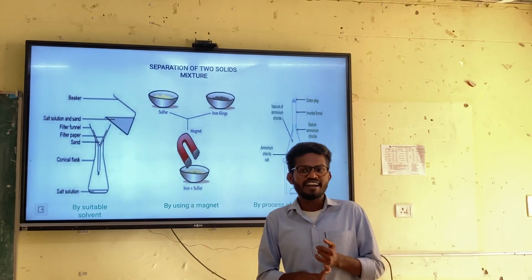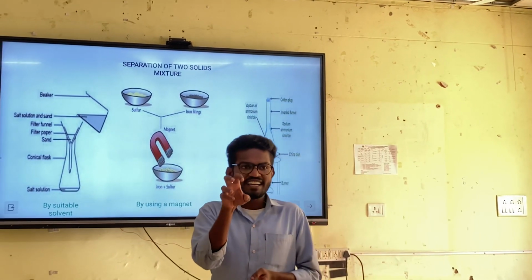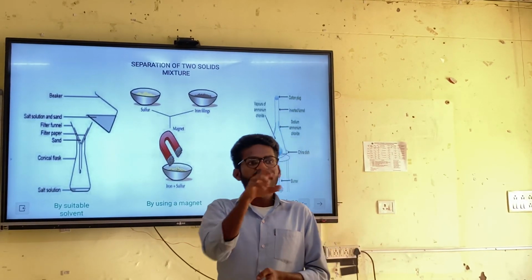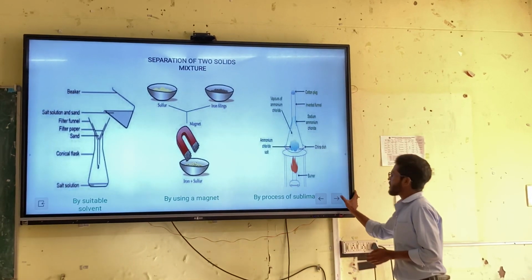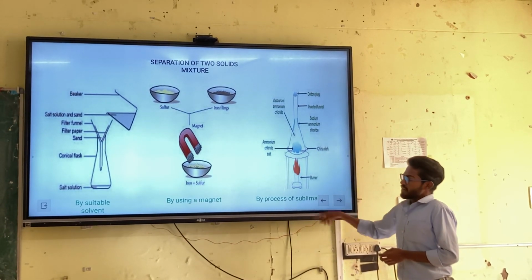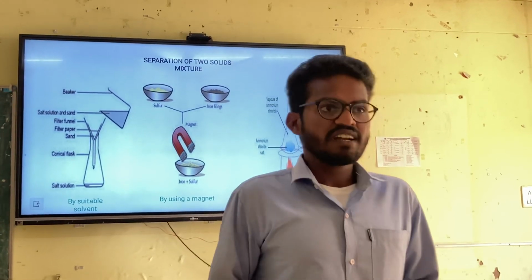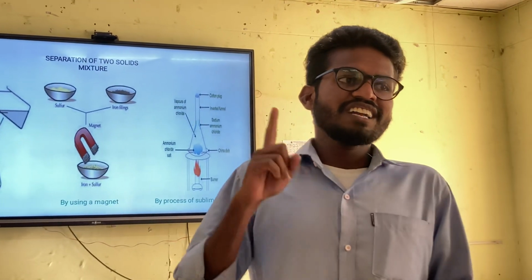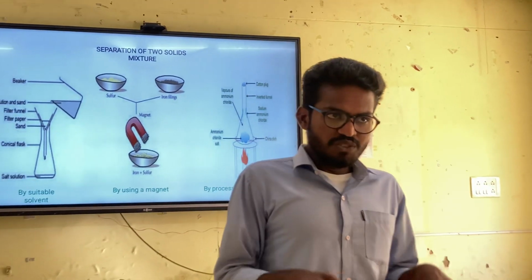Suppose sulfur and iron powder are there. If you use a magnet, the magnet will easily attract the iron powder. And by the process of sublimation, you can separate two solids, like ammonium chloride and salt, NaCl.